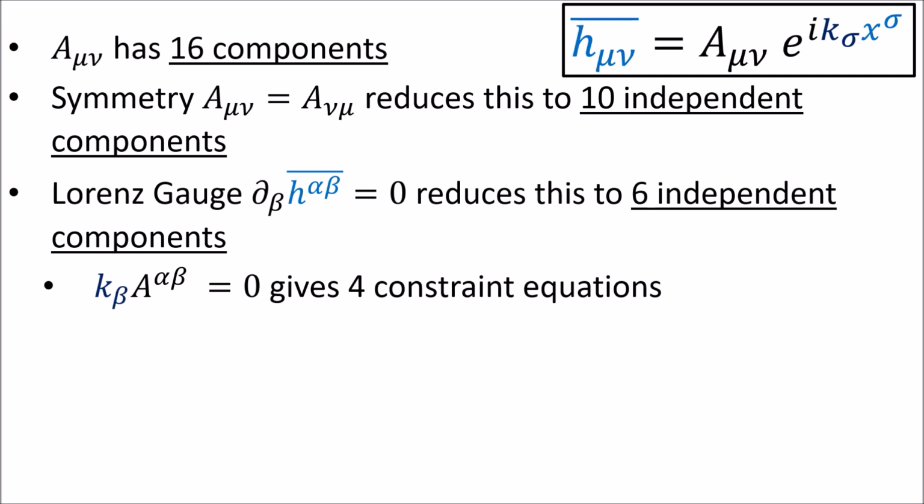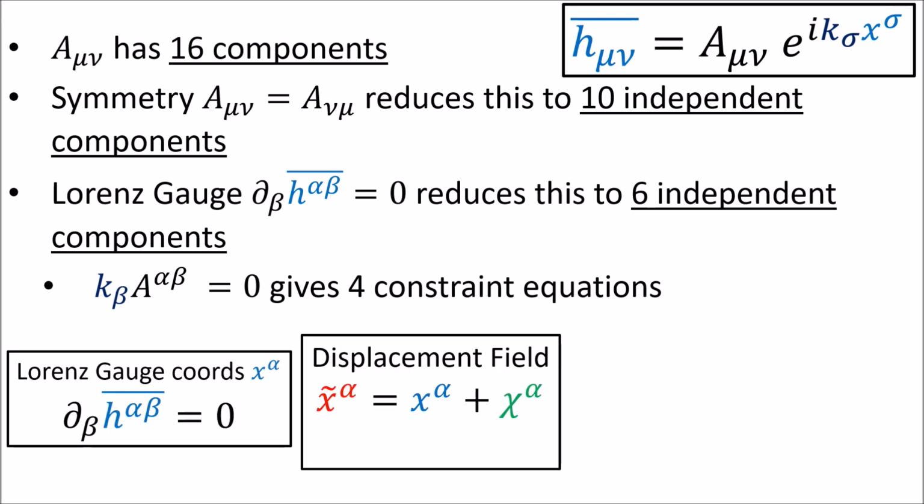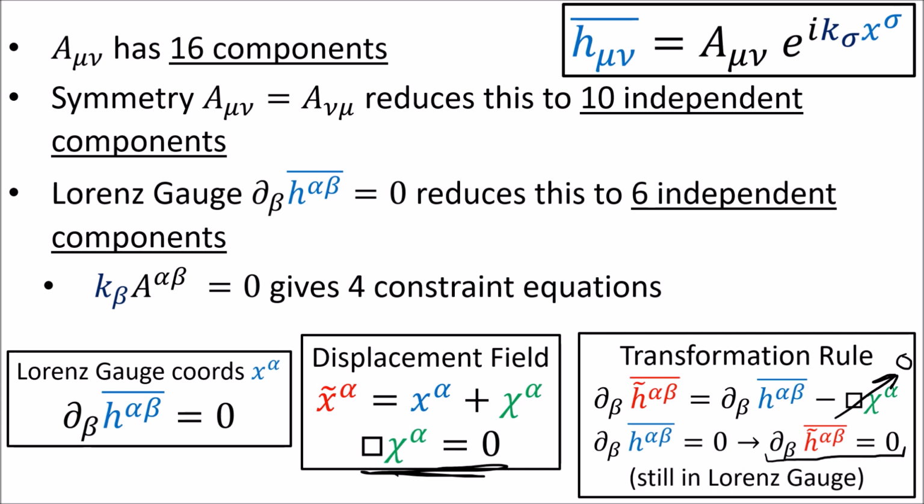Now recall, the Lorenz gauge is not one unique coordinate system. It's really a class of coordinate systems. If we take some coordinate system in the Lorenz gauge, then apply some displacement field chi, where chi satisfies the wave equation, the resulting new coordinate system will also be in the Lorenz gauge.